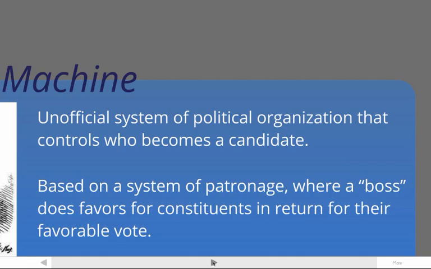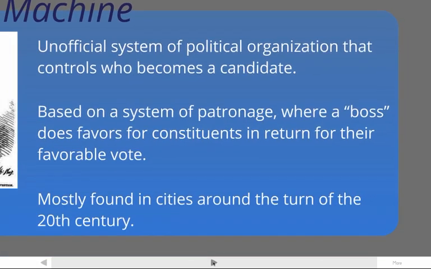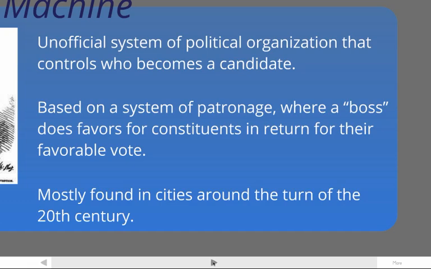And so when you are trying to become a candidate in a system that has a political machine, it makes it very difficult if you do not follow the boss. The boss is who really is in control of the political machine.